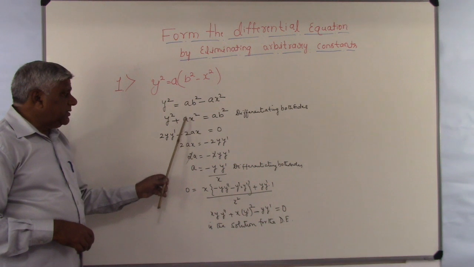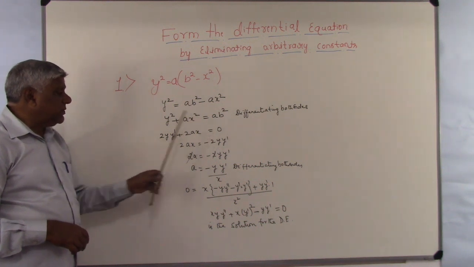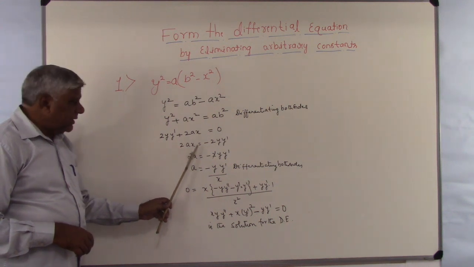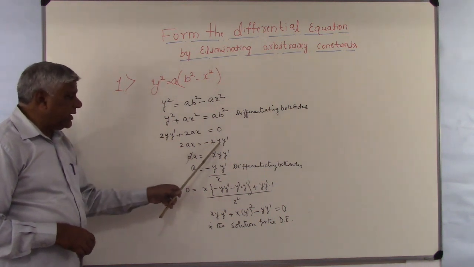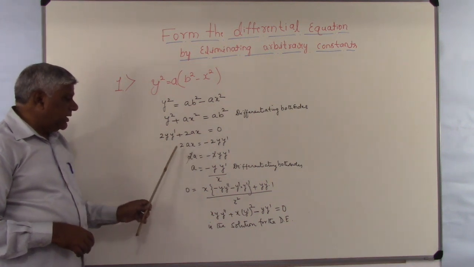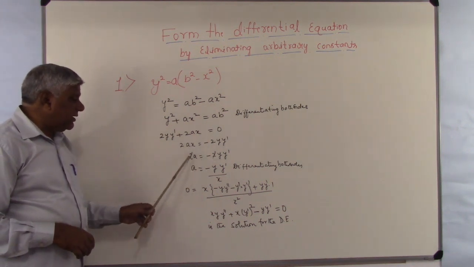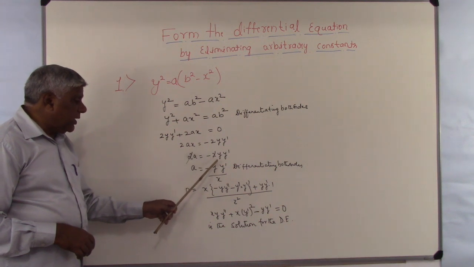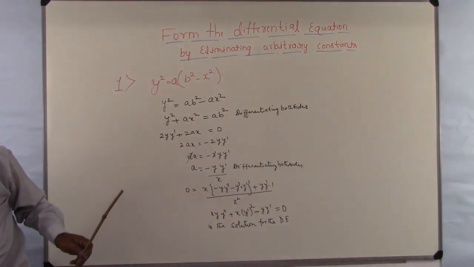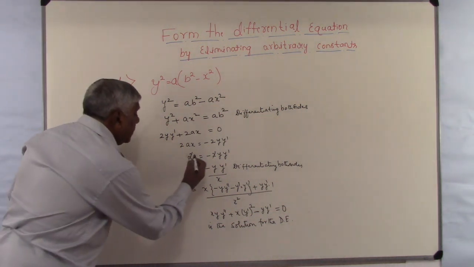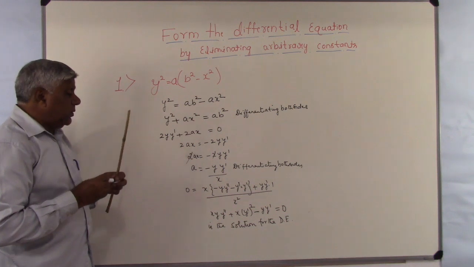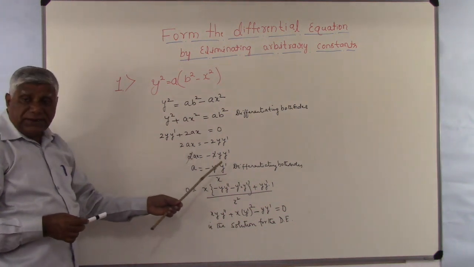Plus this is 2ax is equal to 0, or 2ax we will keep it on left hand side and transfer this 2y dash to the right hand side. It becomes minus 2y dash. This 2 and this 2 get cancelled. It should be ax is equal to y dash. So ax is equal to y dash.